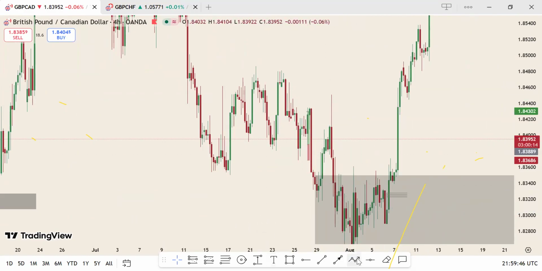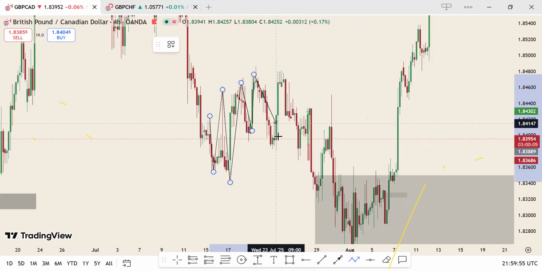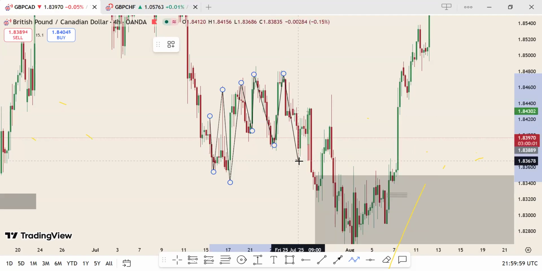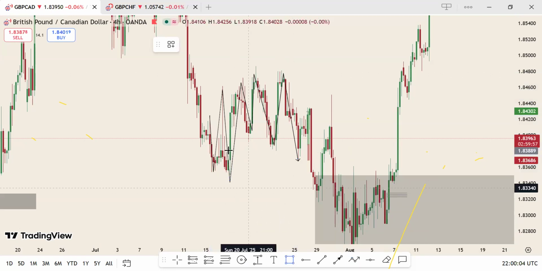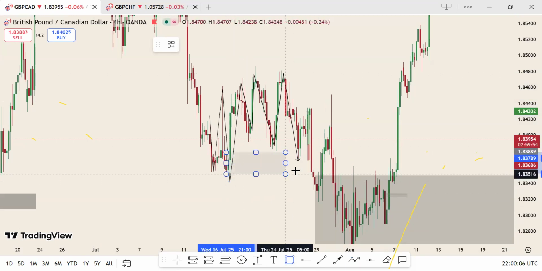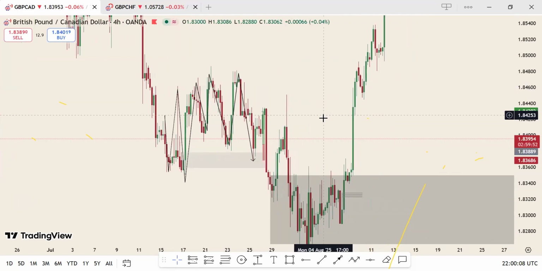You now have what here? You have this sweep here, and you have the liquidity and all break of structure. All this is liquidity, and then price taps back in here. Now there's a POI here, which is an order block. Look at this order block here. So price taps into that order block.